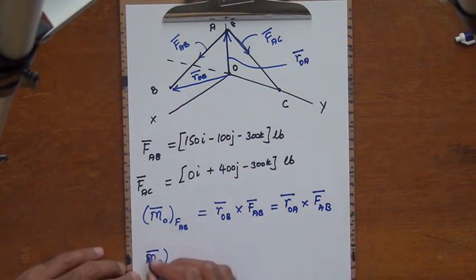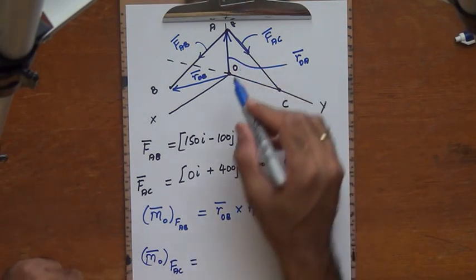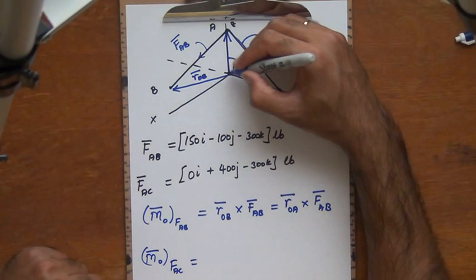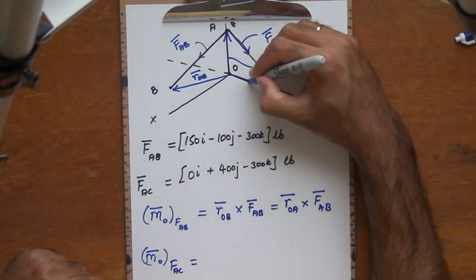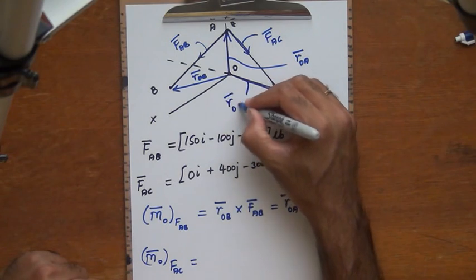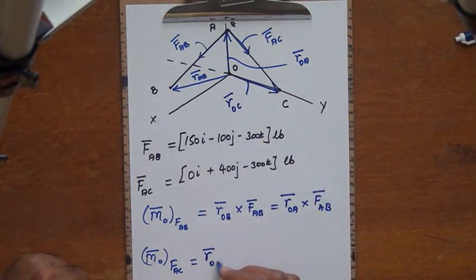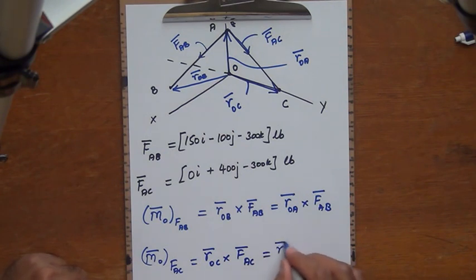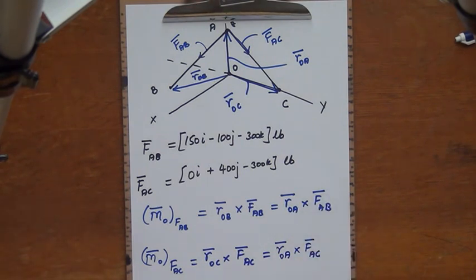Moment about point O due to the force FAC is the position vector from the point of interest, which is point O, to any point on the line of action of the force, which means that it could be ROC crossed with the force, or it could be ROA crossed with the force, because A is also a point on the line of action of the force FAC. Right.